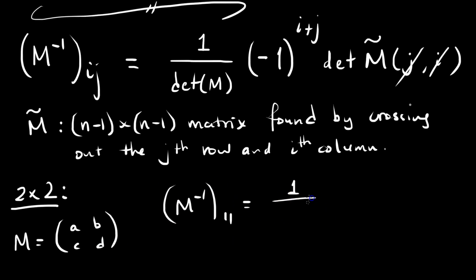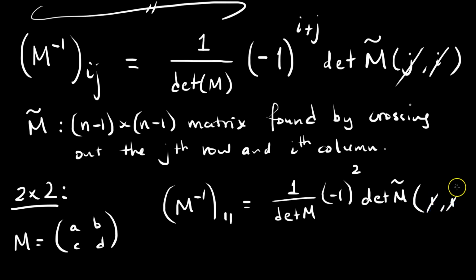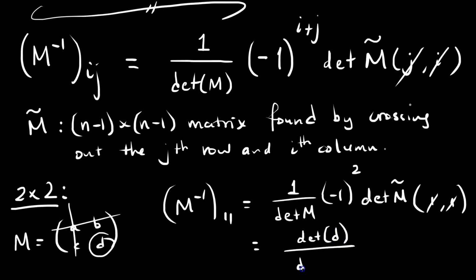This is going to be 1 over the determinant of M, times -1 to the 1 plus 1, so -1 squared, and then the determinant of M tilde, j slash i slash. So we slash the first row and slash the first column, and we're just left with D. -1 squared is just 1. This is nothing more than the determinant of D over the determinant of M.